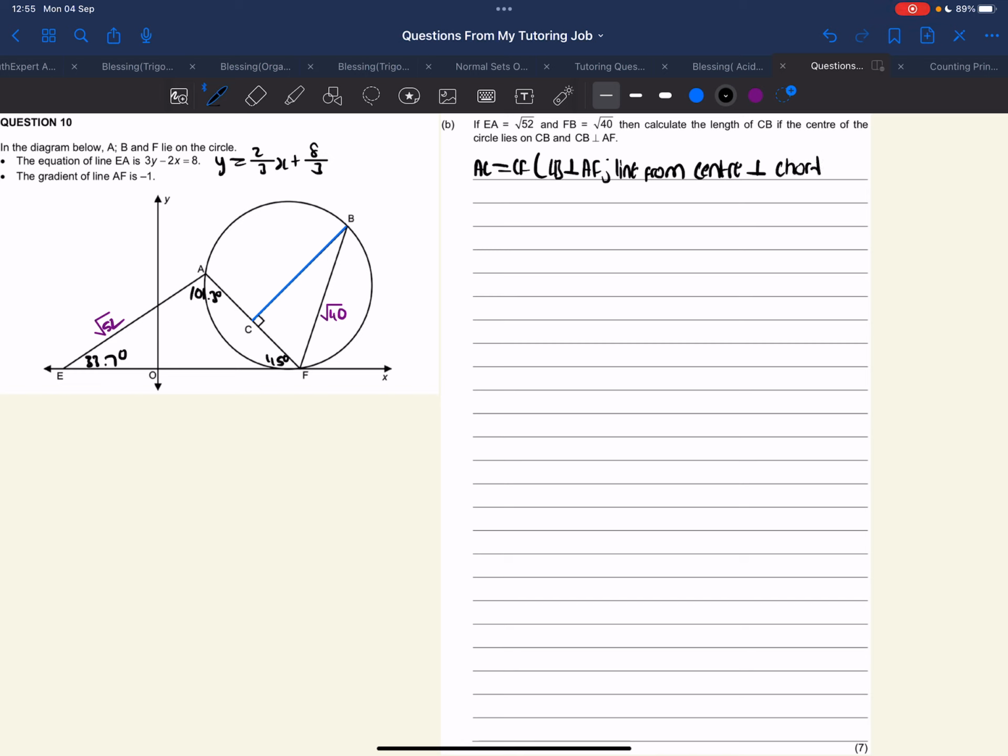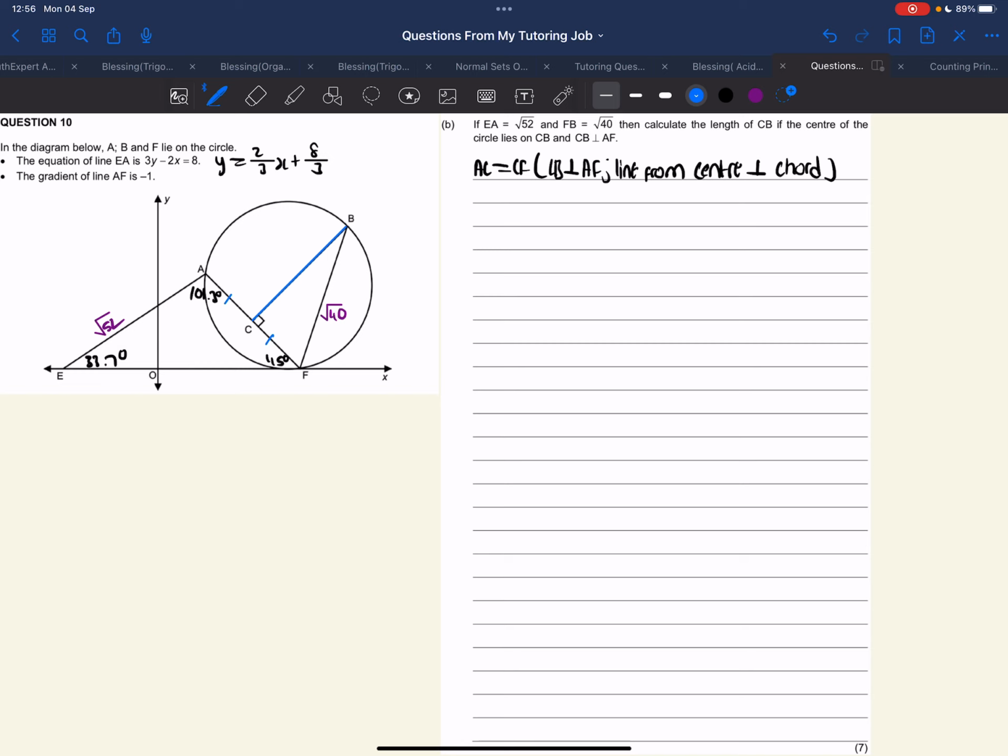So you're going to use that reason. Now you've identified that those two lengths are equal to each other. So whatever you find for AF, you just divide by 2 to find AC and CF. Or if you find CF, AC is also going to be the same length.